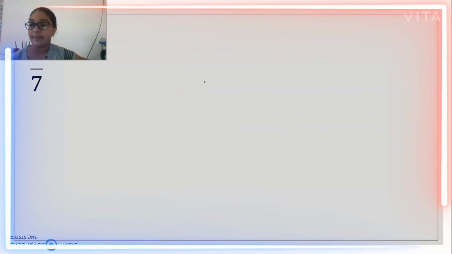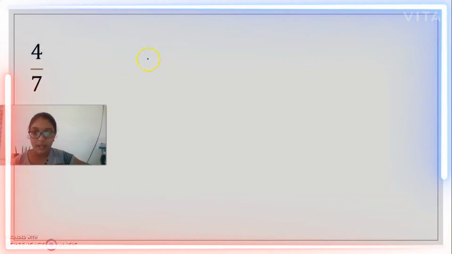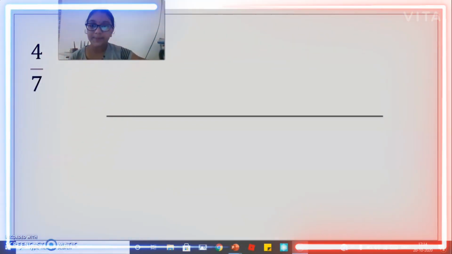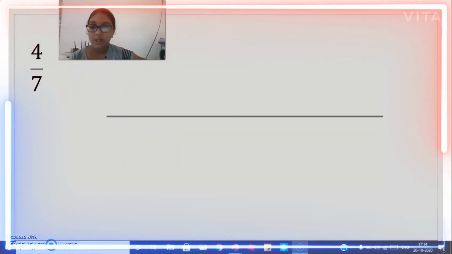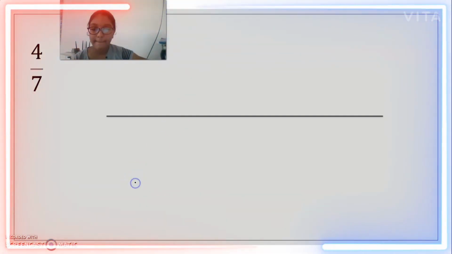Then another sum. It's 4 by 7. So I'll just move myself over here. So it's 4 by 7. Have our number line. I'm just going to move the camera up here. So our number line.